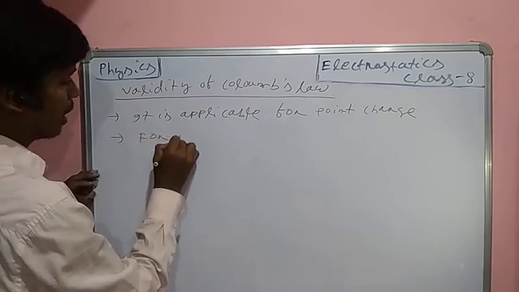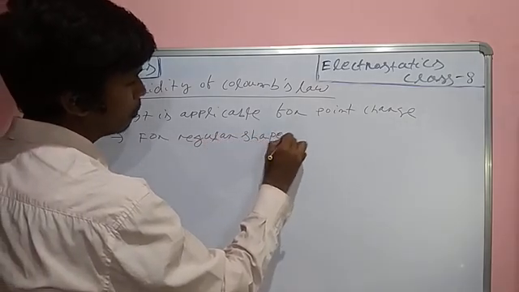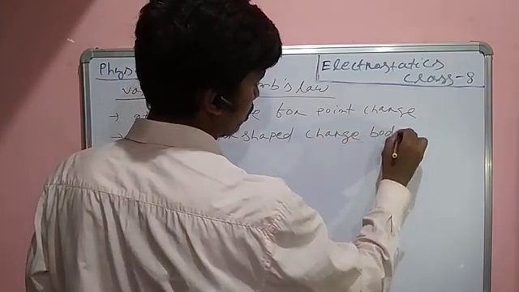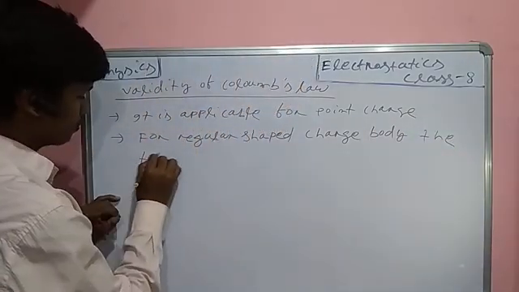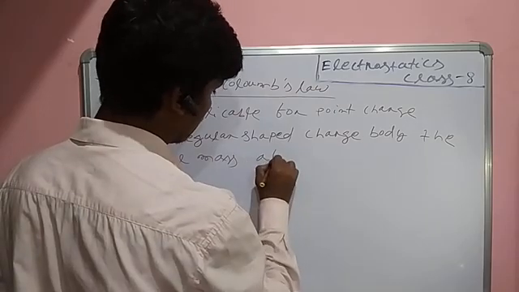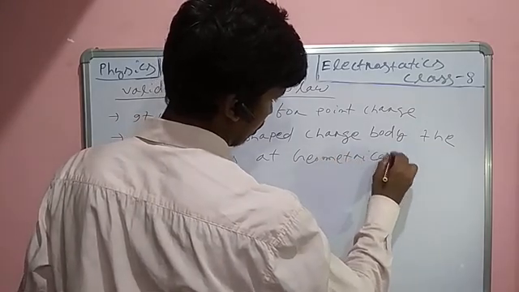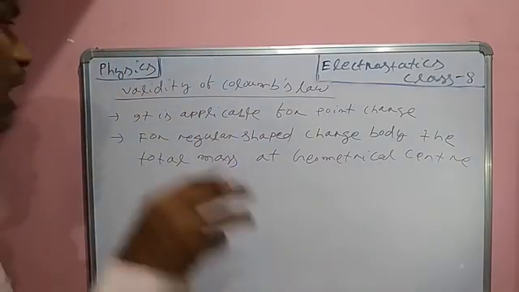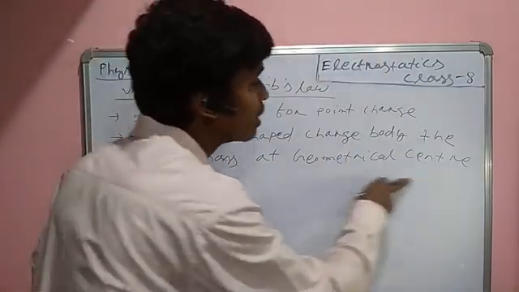For regular shaped charge body, the total mass, or total charge, is concentrated at a point which is the geometrical center.